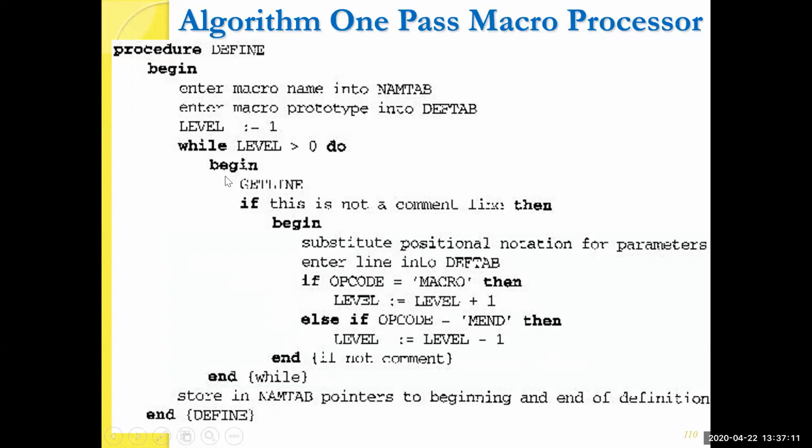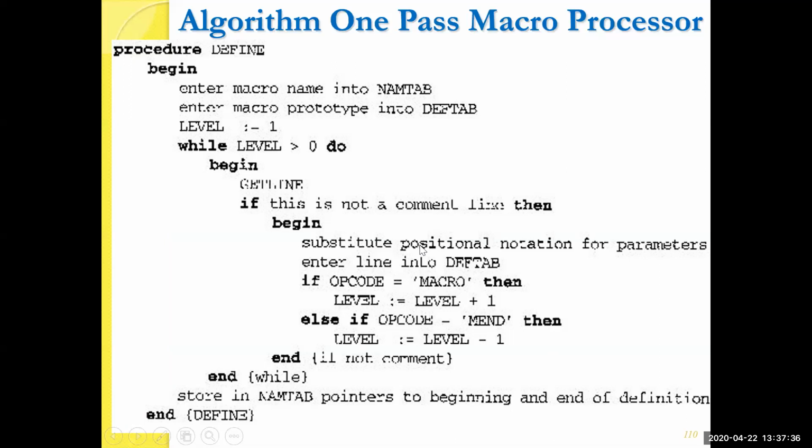The getLine procedure, as I mentioned earlier, examines the setting of variable expanding and accordingly fetches the lines. For every line fetched, the macroprocessor checks if the line is not a comment line, and if not, it enters the line into the definition table by substituting parameters with the positional notation.